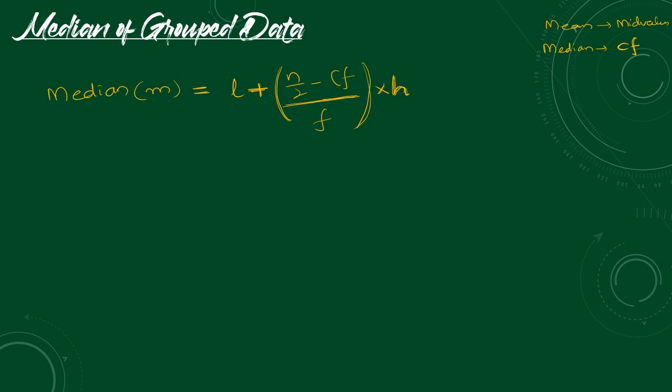So the formula is L plus (n by 2 minus CF) by F into H. This is the formula which we are going to use here.